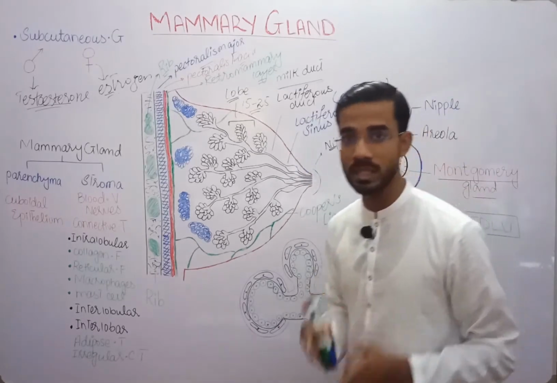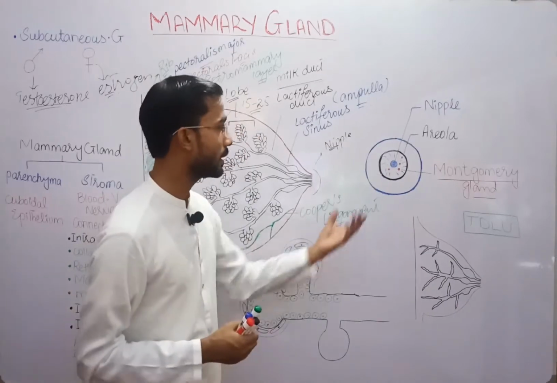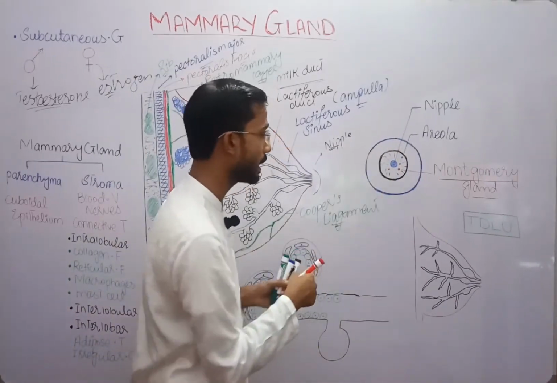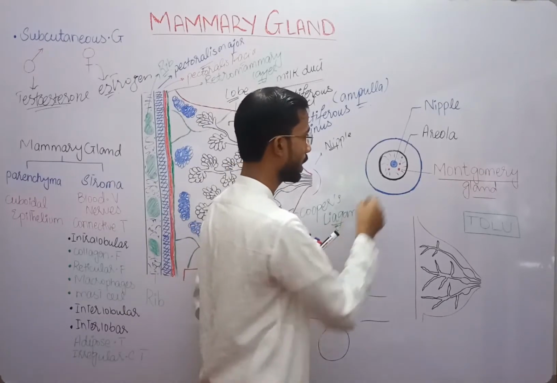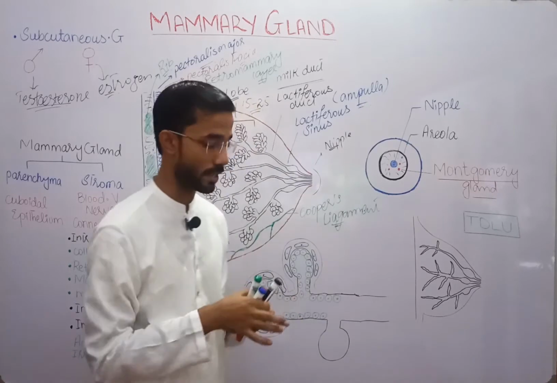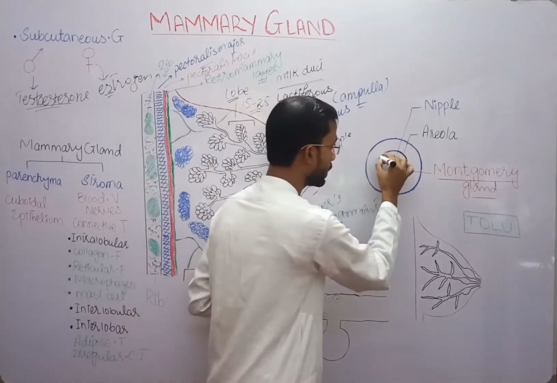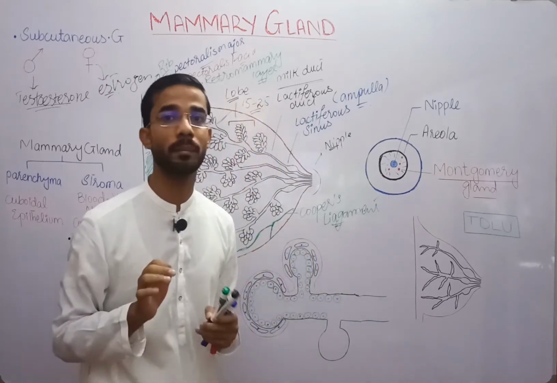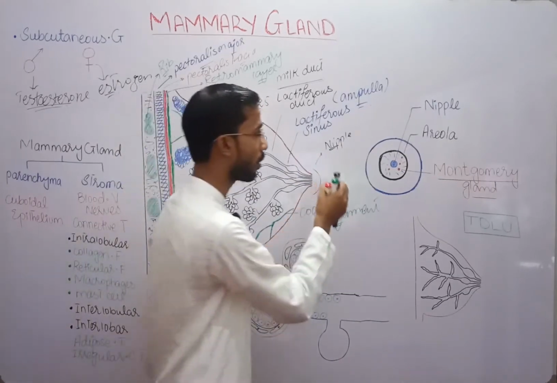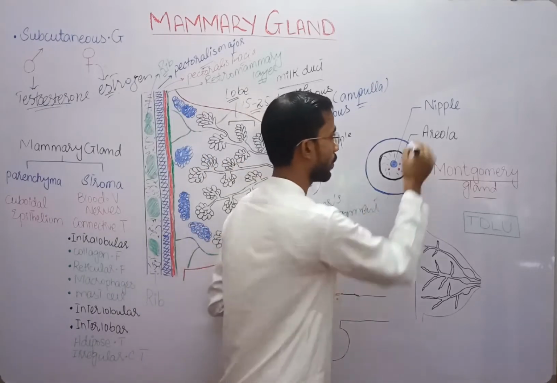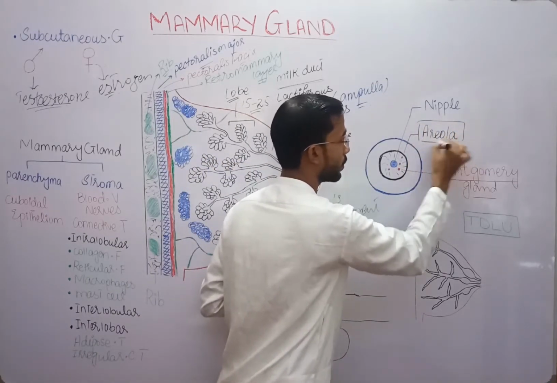If we see the breast from the top, then here we can see this is the breast, and there is a nipple present over the breast. Around the nipple there is a highly pigmented area, which is called the areola.